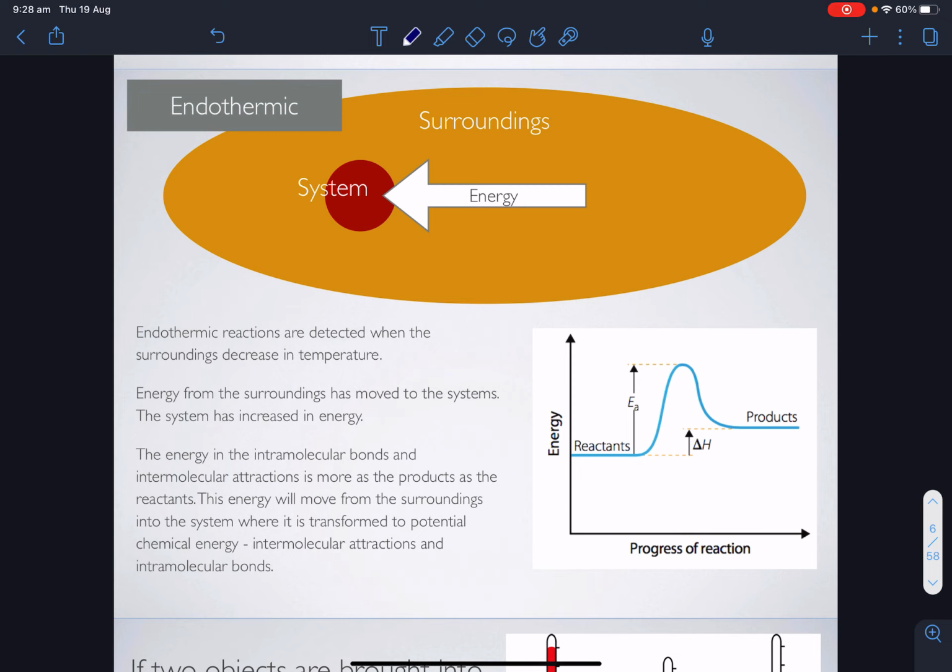Okay, so energy has come from the surroundings into the system, and that has occurred because the reactants are at a lower energy than the products. So as the reaction proceeds, the system needs a certain energy to reach the products. Okay, so it takes that energy from its surroundings, so we see that as cold. So notice here, this is a positive difference in energy.